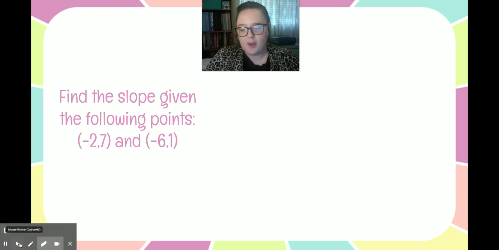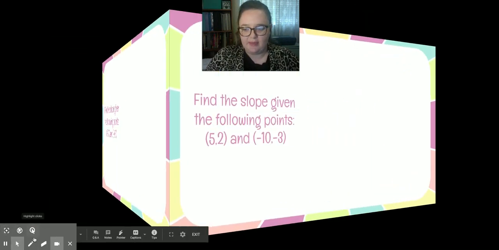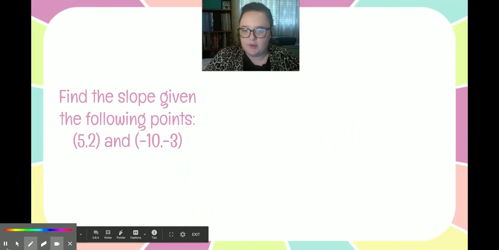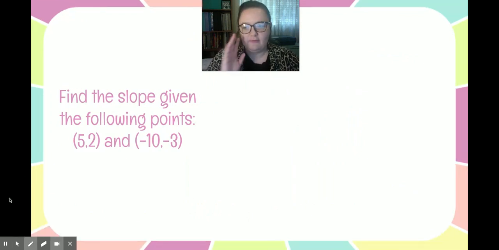I believe we have one more question on our notes here to do together, and it is this one. Find the slope given the following points, 5, 2, and -10, -3. Again, I'm going to label these points, x part, a y part, and these are both point 1, x and a y, and these are for point 2.